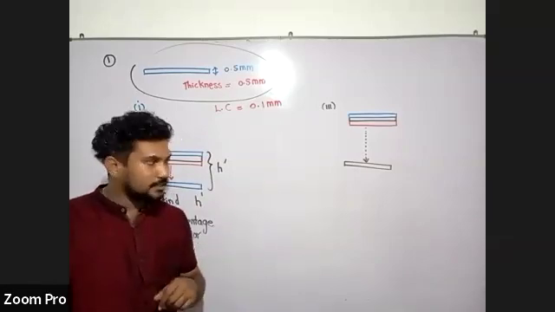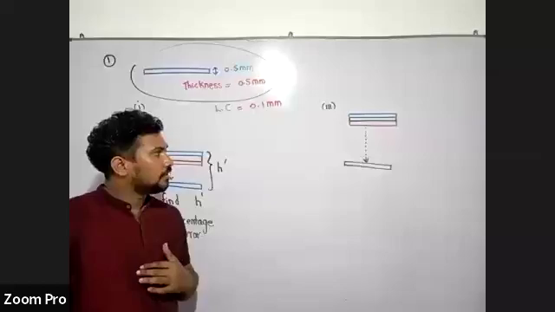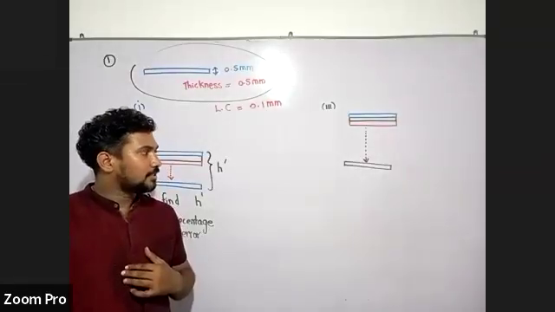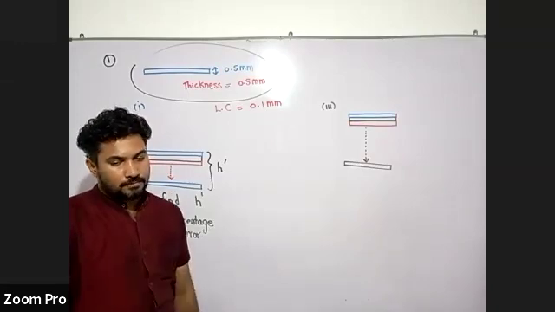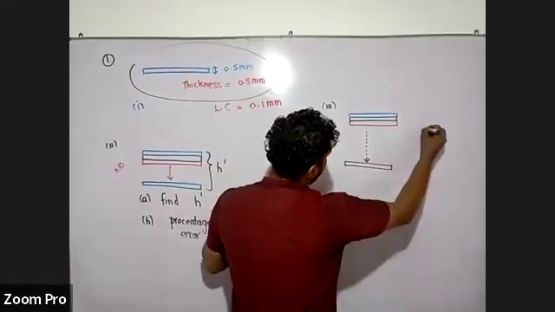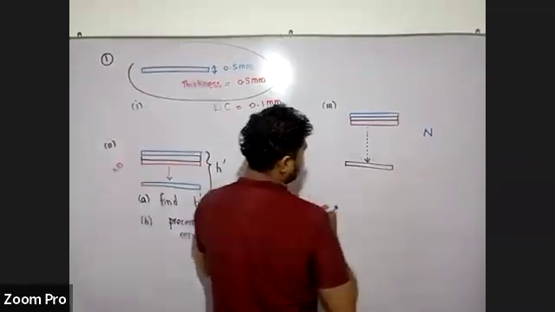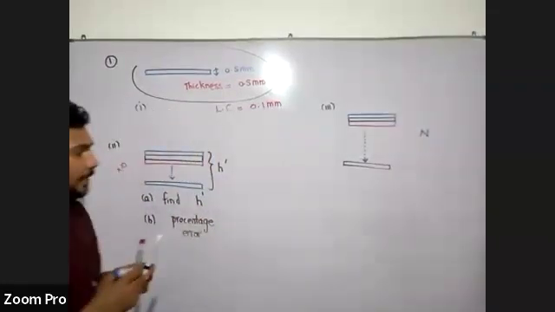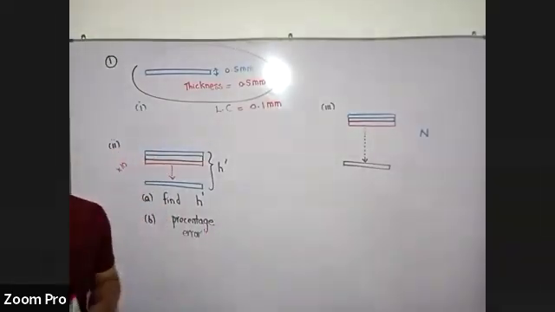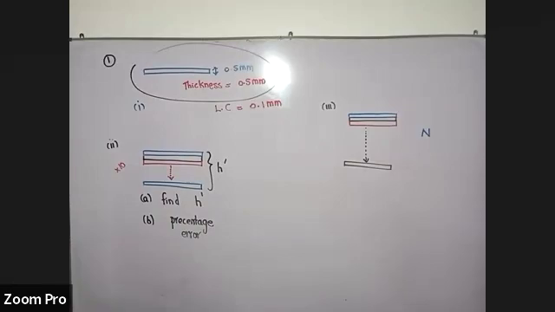Just close the bracket. Find the number of sheets, let's assume that it is capital N, that should be kept according to the diagram.